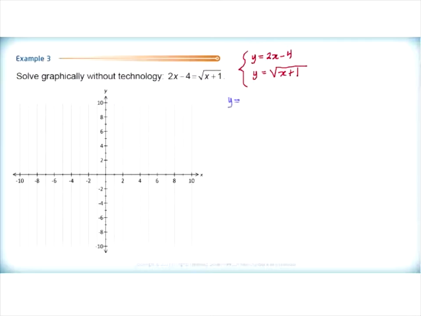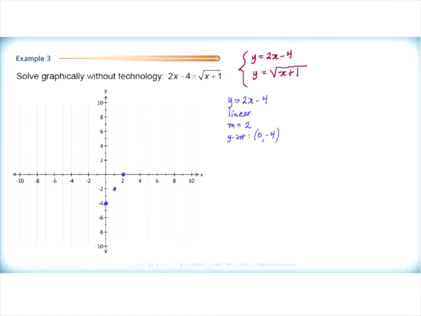So we have y equals 2x minus 4, which represents a linear function in which the slope is equal to 2 and the coordinates of the y-intercept pass through 0 and -4. So we can sketch this graph through 0, -4. A slope of 2 means we go up 2 to the right 1, up 2 to the right 1, and we can connect these points using a straight line.